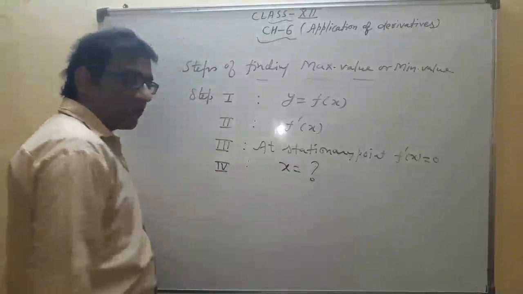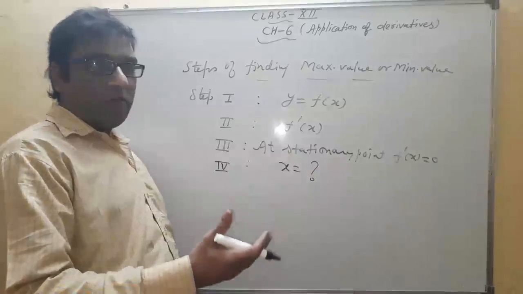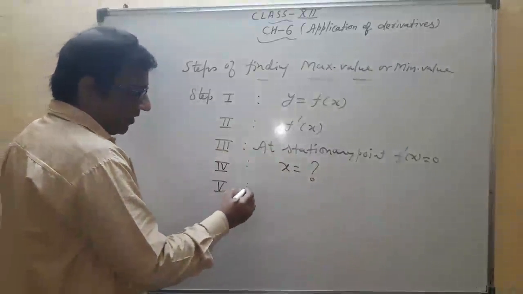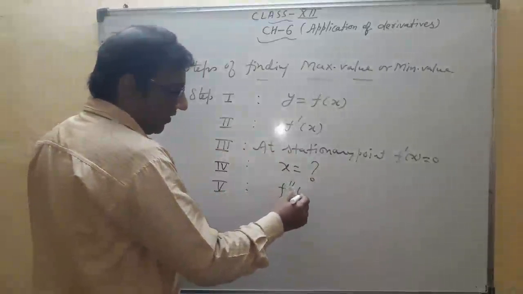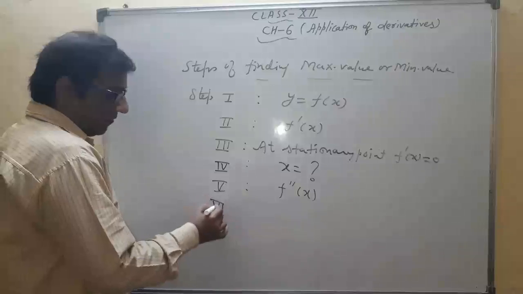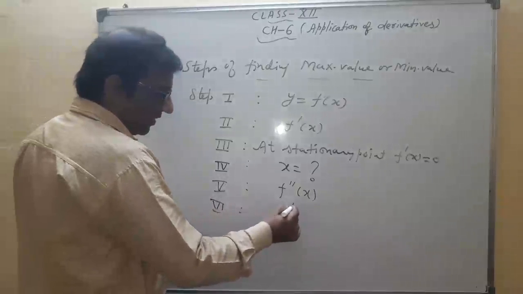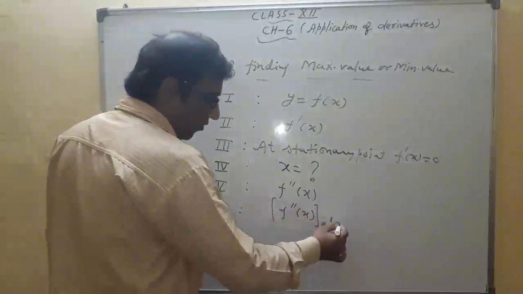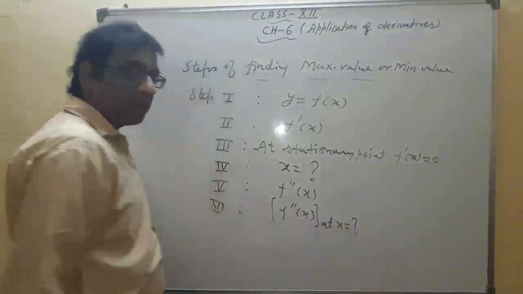What is the value of x? It may be one value or more than one value. In the fifth step we will go with the double differentiation. In the sixth step we will check this double differentiation at the value of x.